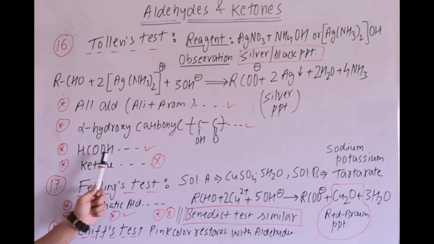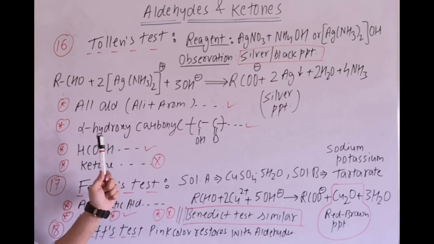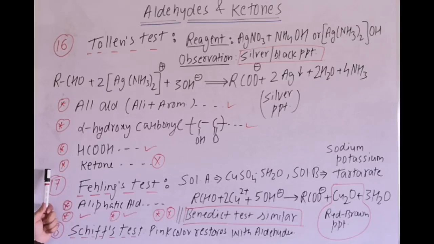Third, formic acid is the only carboxylic acid that gives this test positive. Fourth, ketones do not participate in the Tollens test. So these four points are important for solving the examples.